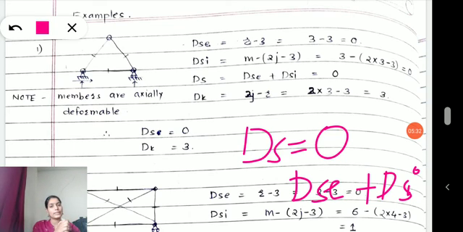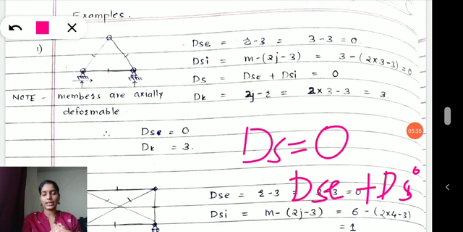Now, what does this 0 tell us about our structure? It says my structure is statically determinate. It might have an indeterminacy, but statically it is determinate. The indeterminacy may be a part of kinematic indeterminacy.